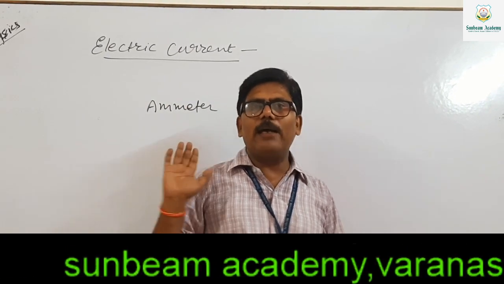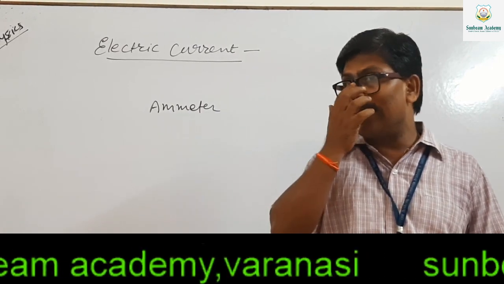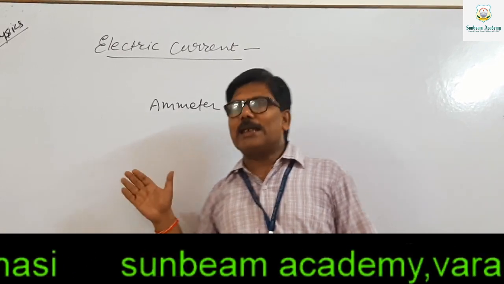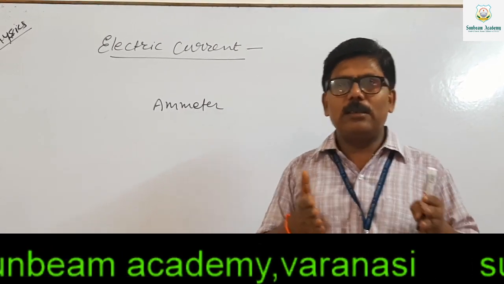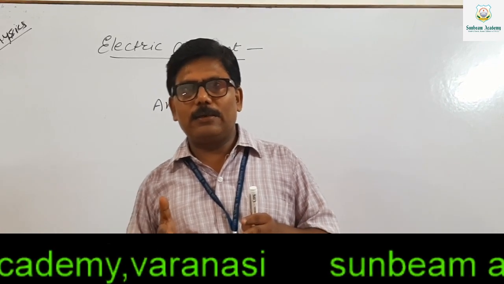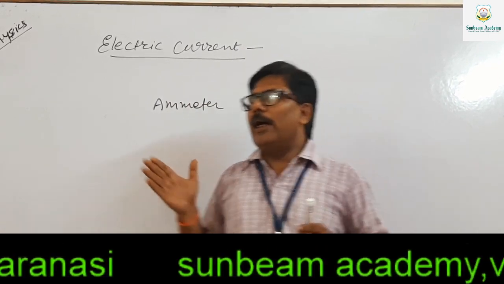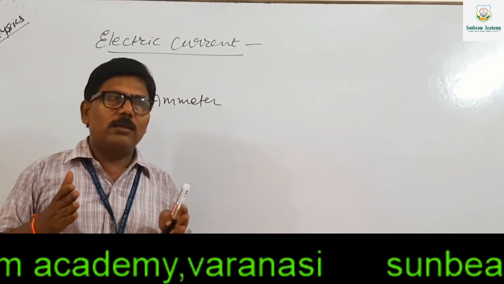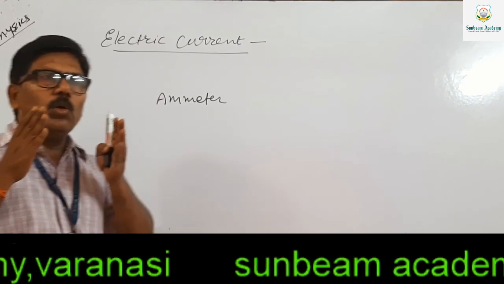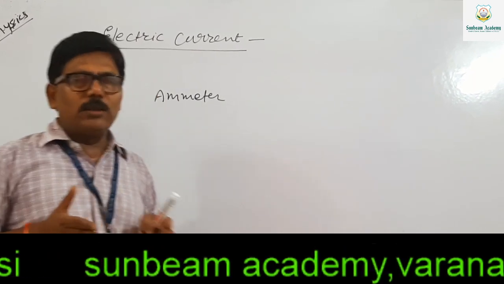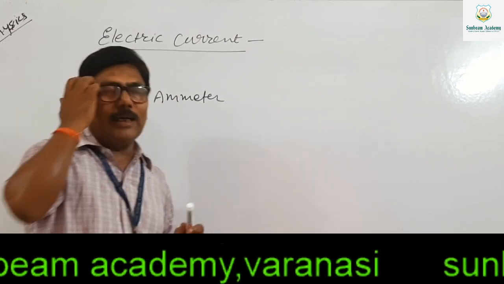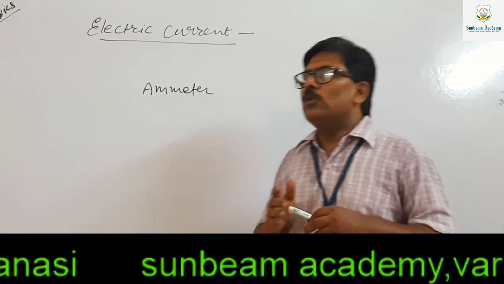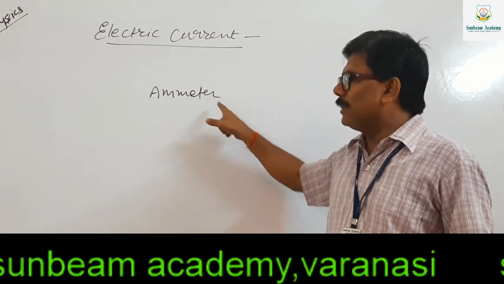And how this ammeter is connected in the electrical circuit, I will explain what is electric circuit later on. This ammeter is connected in series in an electrical circuit. And an ideal ammeter is a low resistance device, and it is connected in series in the electrical circuit.